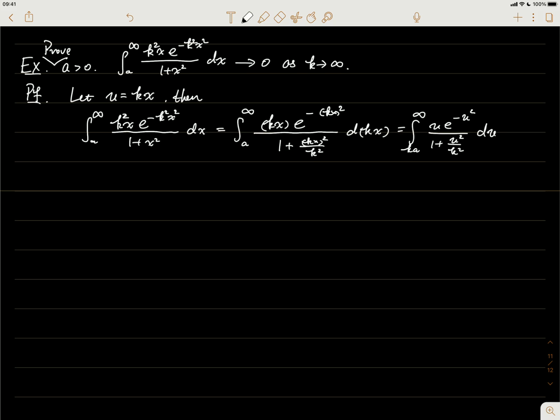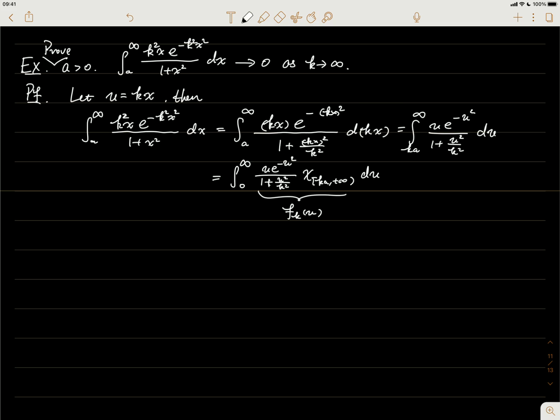But I can rewrite that as from 0 to positive infinity, u e to the negative u squared over 1 plus u squared over k squared, and I put a characteristic function for the interval, du. And now I'm going to define this whole integrand to be f_k of u. I can change the u back to x to change the symbol, but this is our integrand.